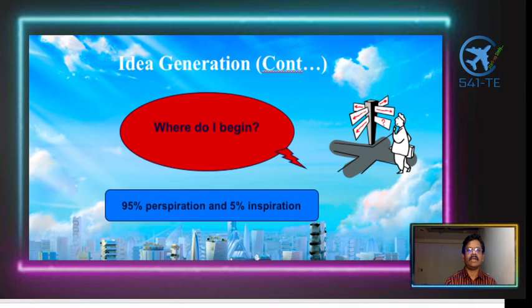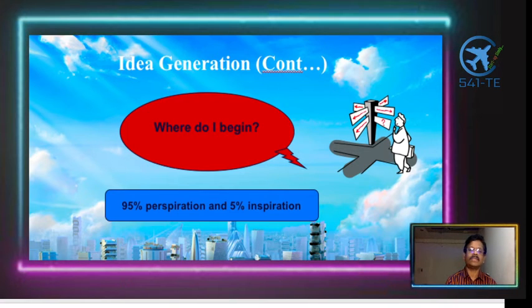In that context, idea generation: where do I begin and where do we generally start? You can see that 95% is perspiration and 5% is inspiration. That means idea generation mostly comes out of hard work, out of sweating, out of involving and deeply thinking about what it is, why it is, and how to do it better.